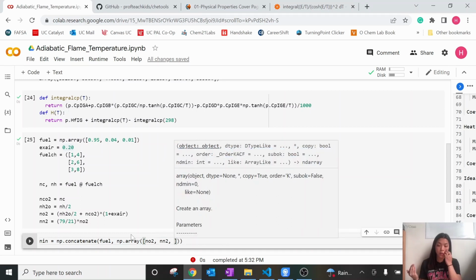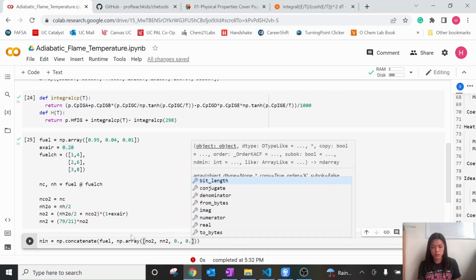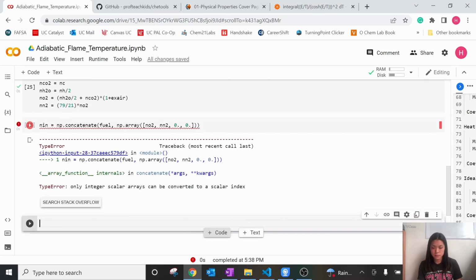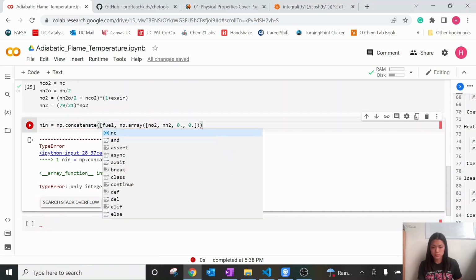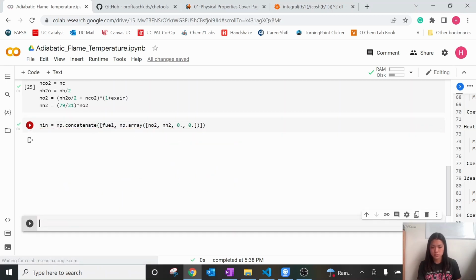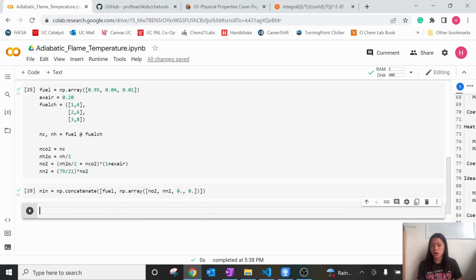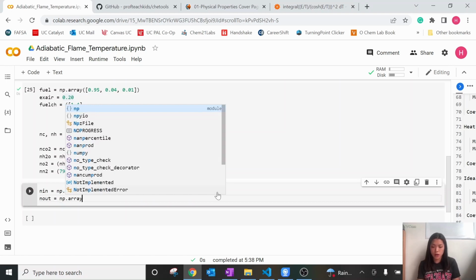And as for the water moles and the carbon dioxide moles, there are none because this is what's going in. And then we also need to have the number of moles coming out. And so that is going to be an array as well.